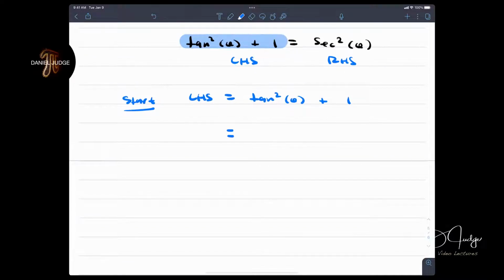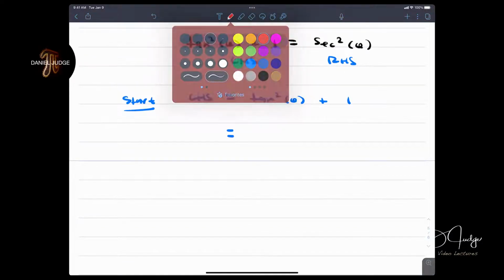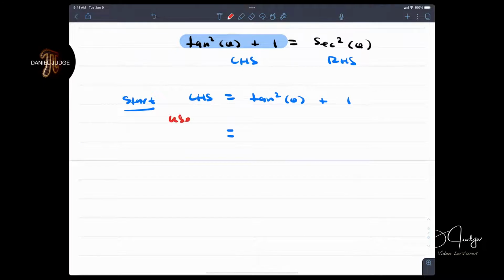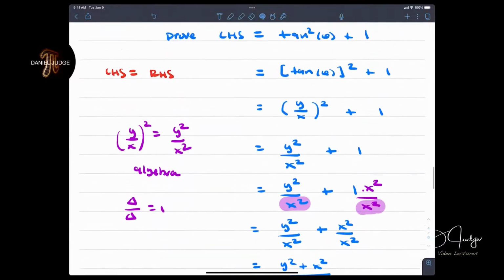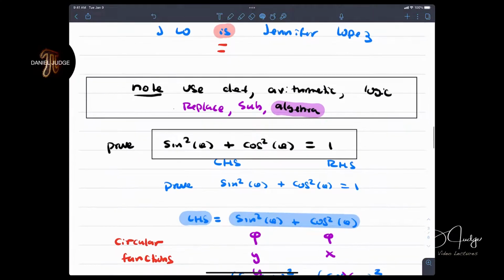However, the idea also here is that we can use any other identity. So if I go back to that note here, we can also use all these tools, definitions.